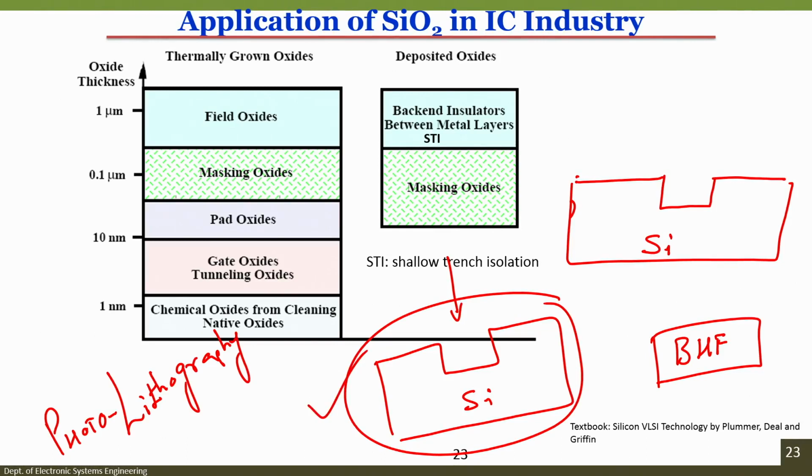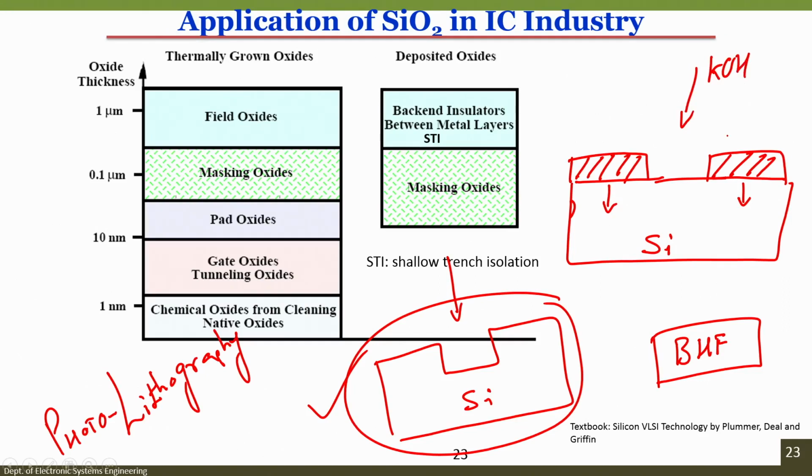But what was the role of silicon dioxide here? The role of silicon dioxide, if you correctly understood, was to protect this particular area, right, or I should draw the arrow in the opposite direction. You can see that silicon in this area is not affected when I dip this wafer in KOH. So, what was getting affected?